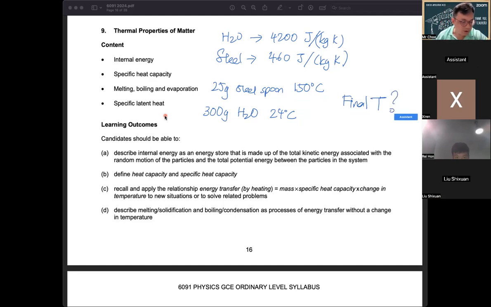What is the final temperature of this? Can you all calculate?